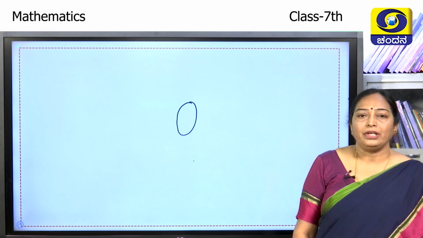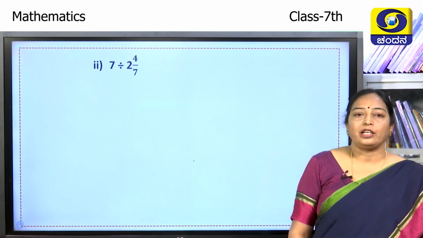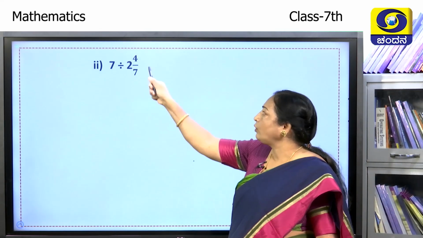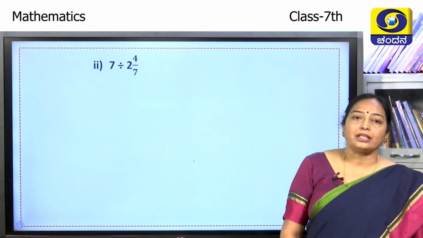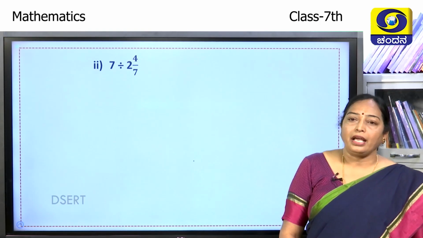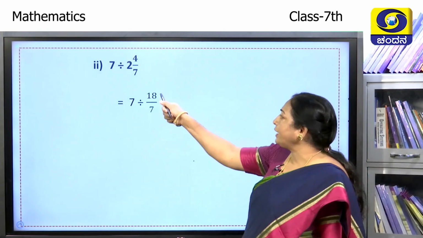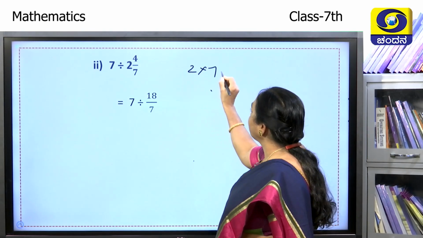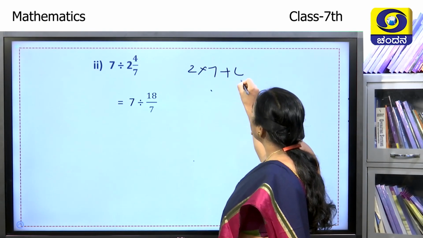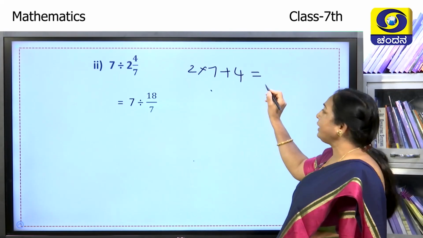Take one more example. 7 divided by 2 4 by 7. Here 7 is a whole number, 2 4 by 7 is a mixed fraction. First, we have to convert the mixed fraction to an improper fraction. How do we get 18 here in the numerator? 2 into 7 plus 4. 2 sevens are 14 plus 4 is 18.